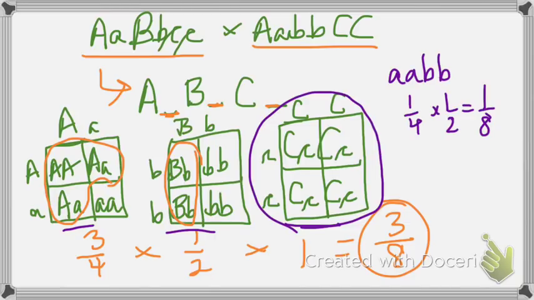The chance that it will show at least 2 dominant traits, which is what the question is asking, is 1 minus 1/8, so the answer is 7/8. That one's a little bit of an extension question, a next step question, but puzzle through those and see if you can figure them out. All right, so this is the second of the videos.